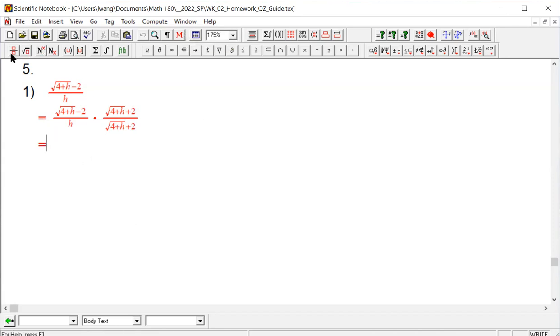And now denominator times denominator. So we have h multiplied by the denominator. And the numerator is in the form of a minus b times a plus b, right?